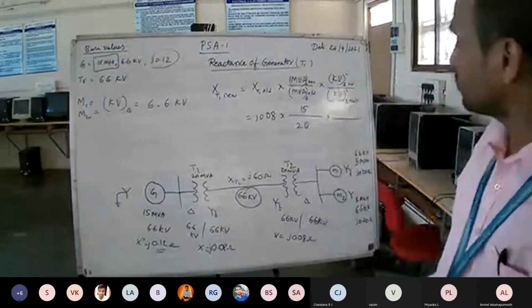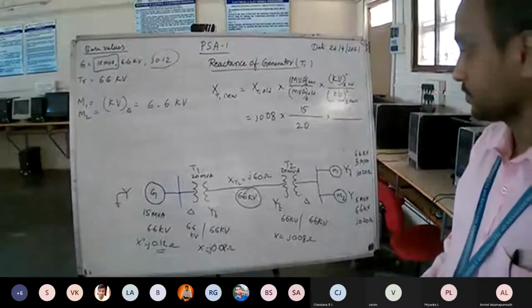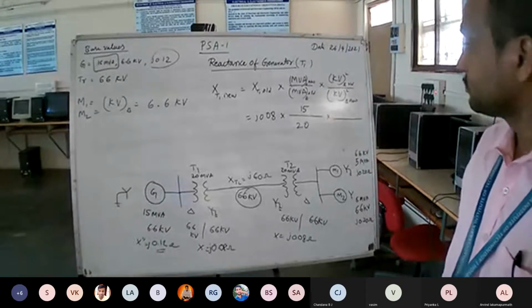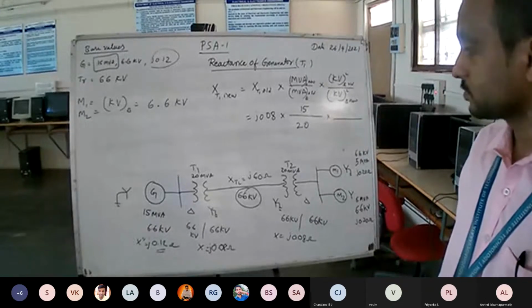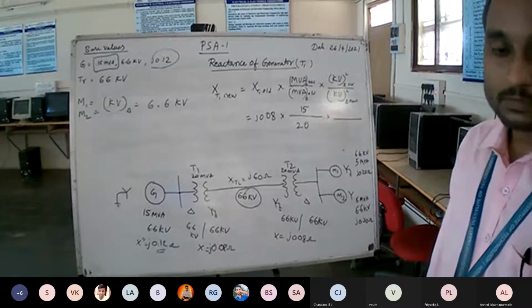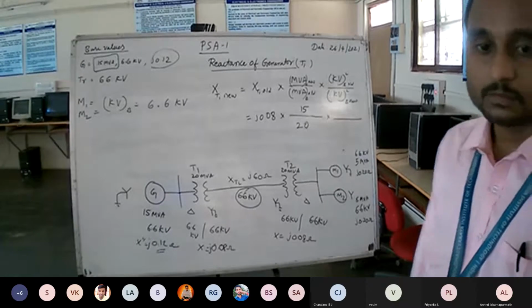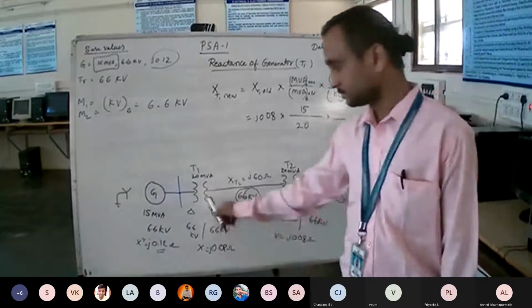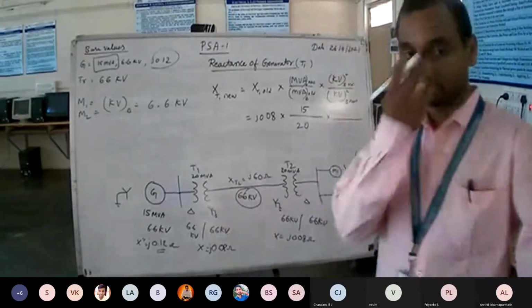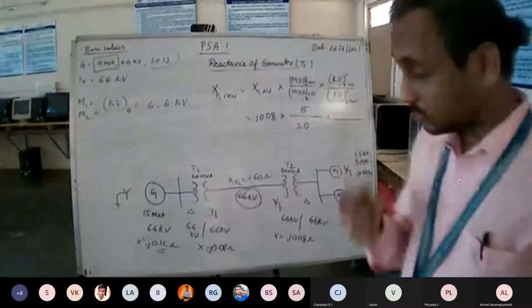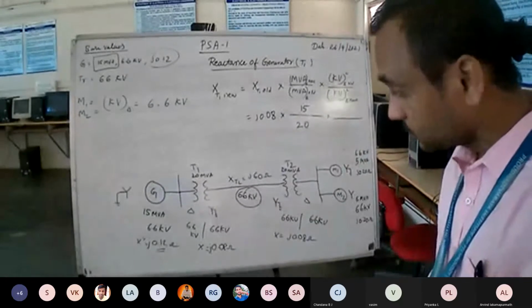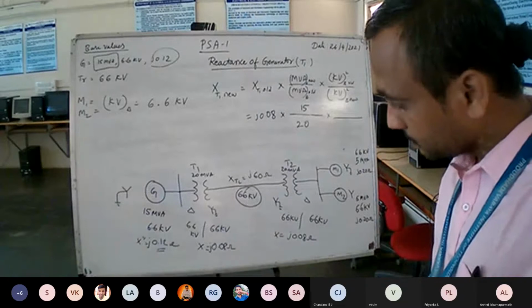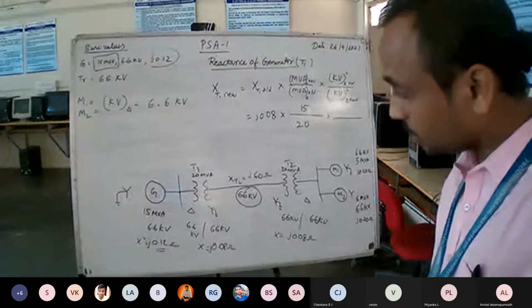Tell me what is the kV base old and kV base new here in transformer 1. Rajini. Sir, old 66 kV. Yes. Old is 66 kV. new is 6.6, sir. no, not like that.